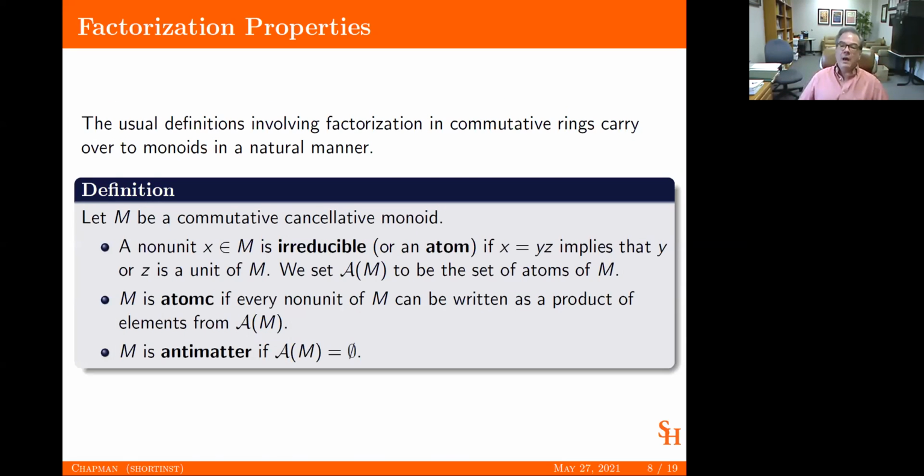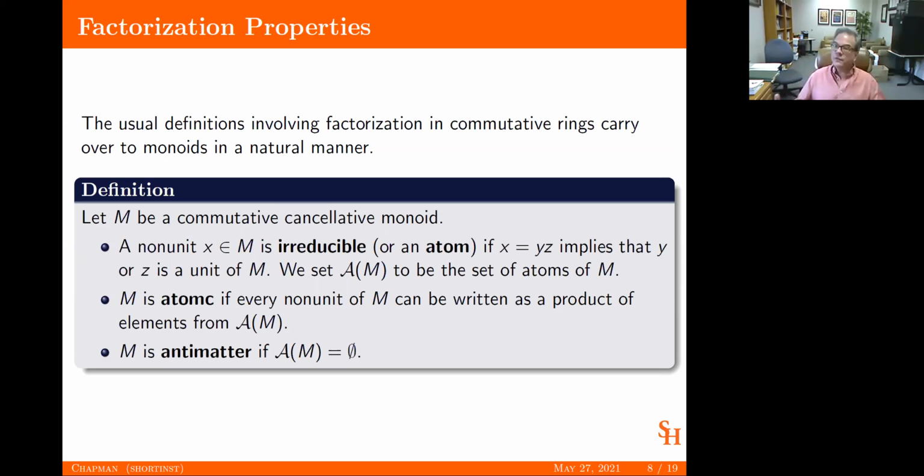Okay, now, as I'm going to be talking about monoids the next couple of minutes, I just probably need to note that all these notions that Cohen was referring to with respect to rings carry over to monoids.